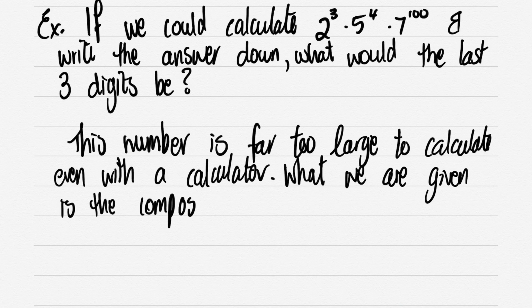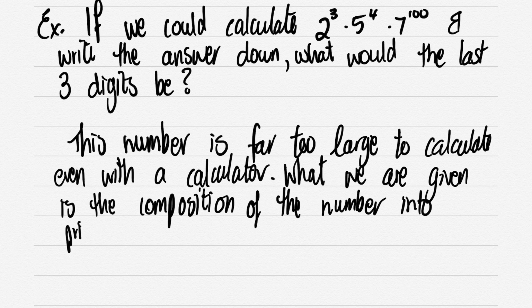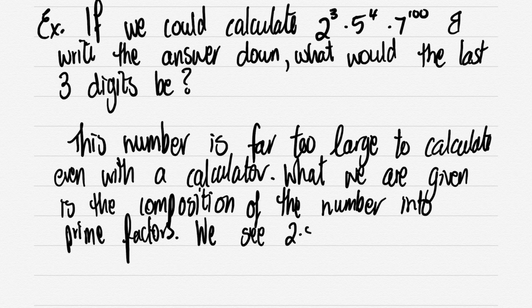So probably around 343? Does that make sense? Yeah, it's about that. Anyways, that's not important. This number is far too large to calculate, even with a calculator. I mean, that's 7 cubed.